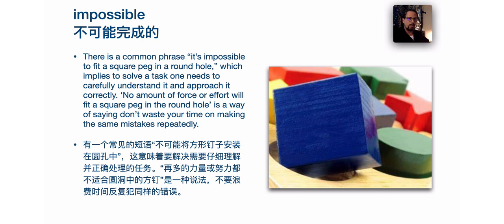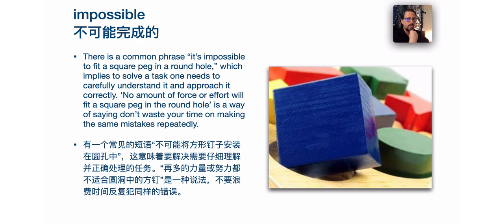Impossible. The common phrase, "it is impossible to fit a square peg in a round hole," implies to solve a task, one needs to carefully understand it and approach it correctly. So again, you need the correct education, the correct information to achieve the result. You could say that anything is possible, but if you keep doing things incorrectly, it will never be possible.